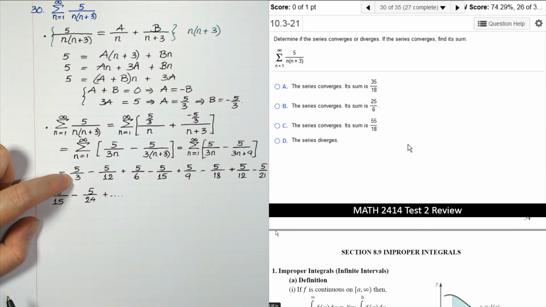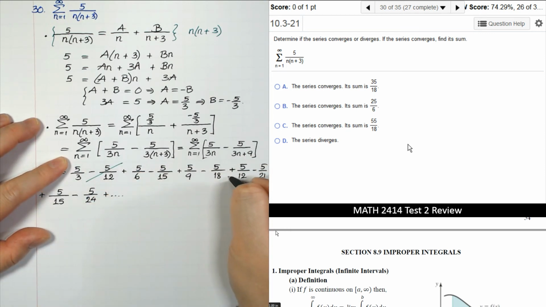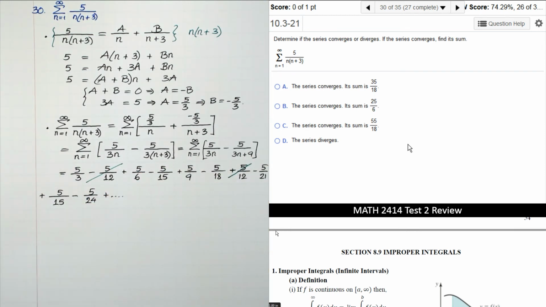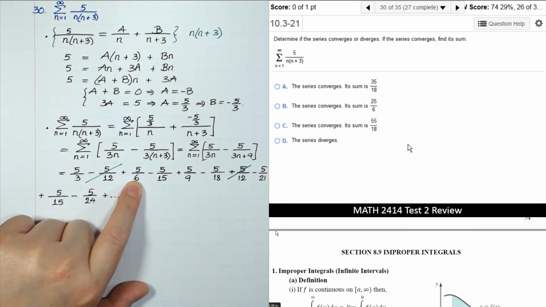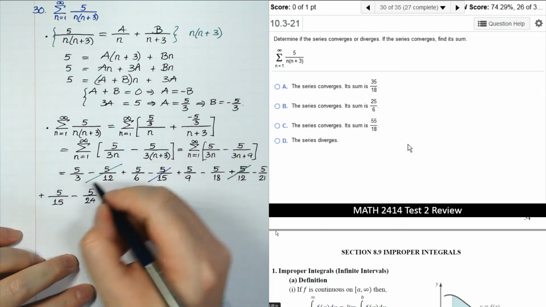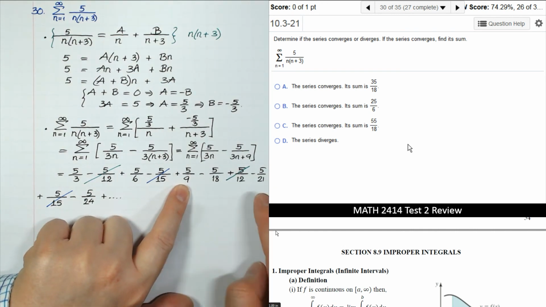That doesn't do anything. Looks like this. That doesn't do anything. But the 15 does cancel out. That doesn't do anything.